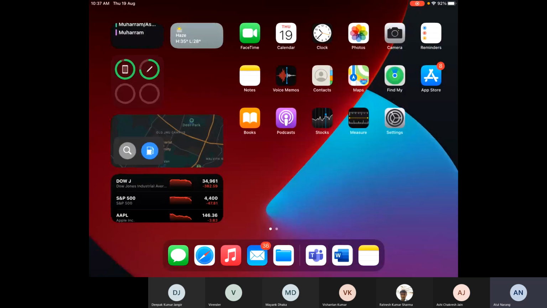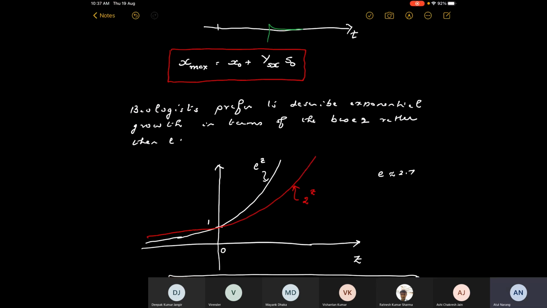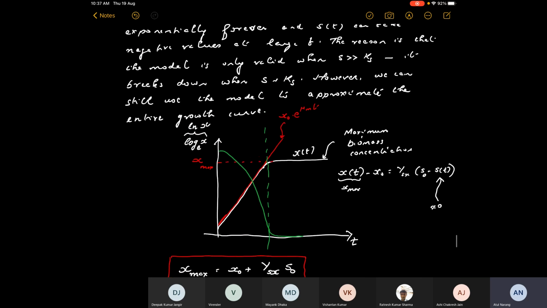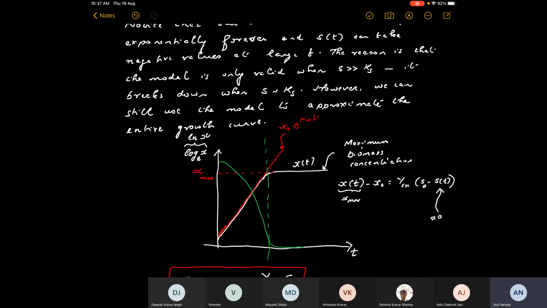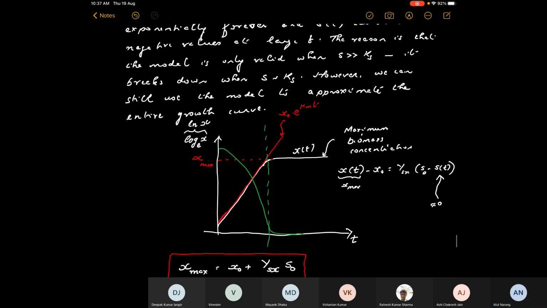I kind of tried to emphasize it when I did it here. This is the picture I drew. Basically, I told you that the white curve here is the exact solution of the model. Now, the exact model will plateau out at x max, and the reason for that is obvious, because in the exact model, the substrate will get exhausted.